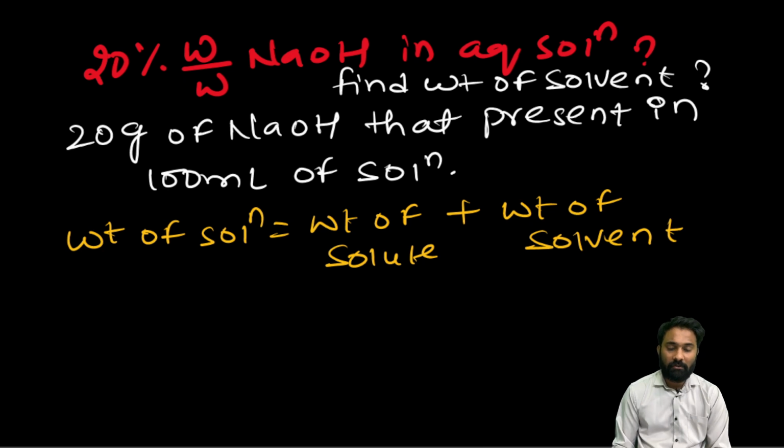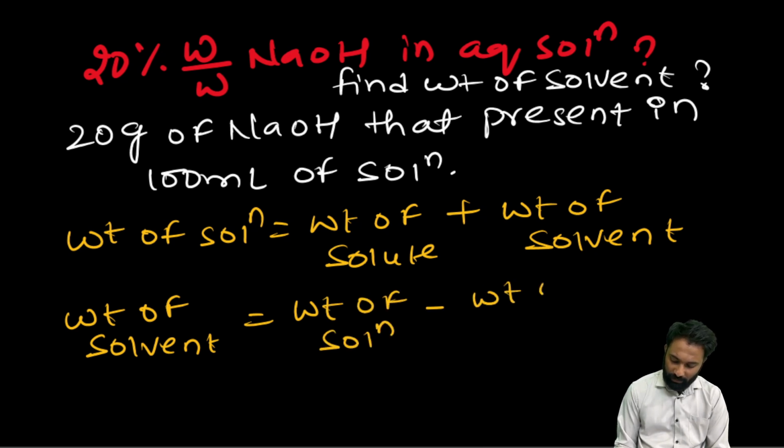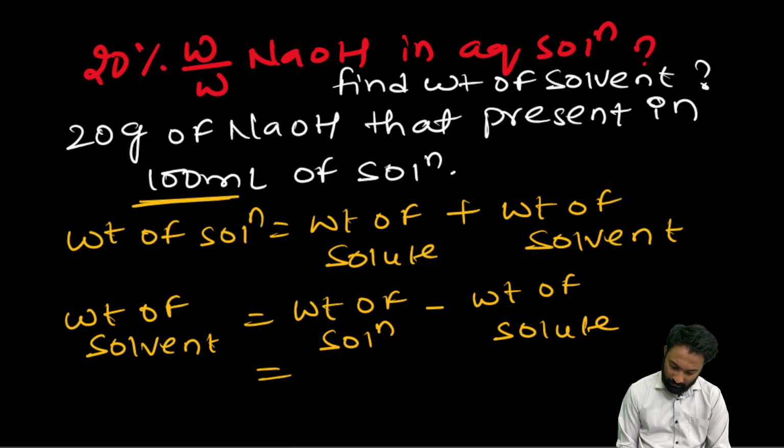Bring the weight of solvent to the left hand side. Weight of solvent equals weight of solution minus weight of solute. Weight of the solution is 100 grams. Sorry, 100 grams of solution, not 100 ml. So 20 gram of NaOH is present in 100 gram of solution. Clear?